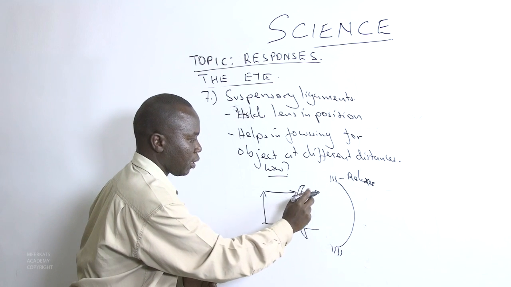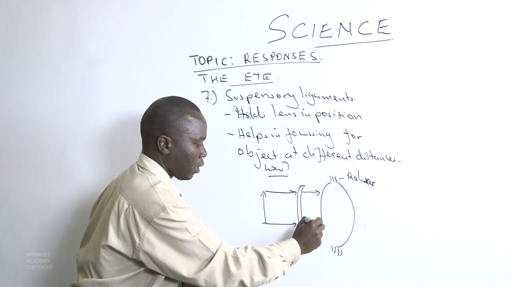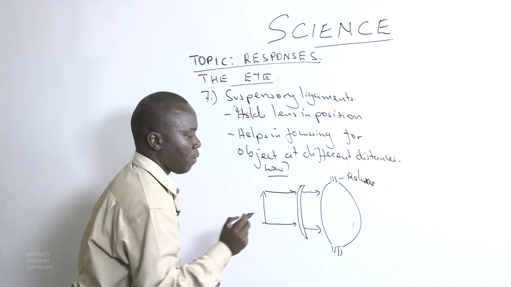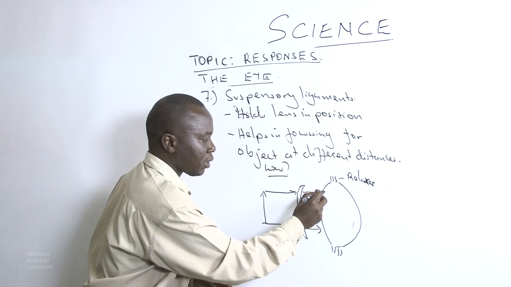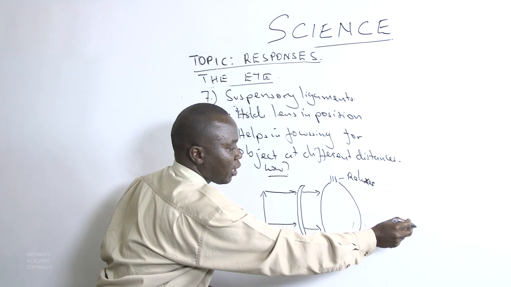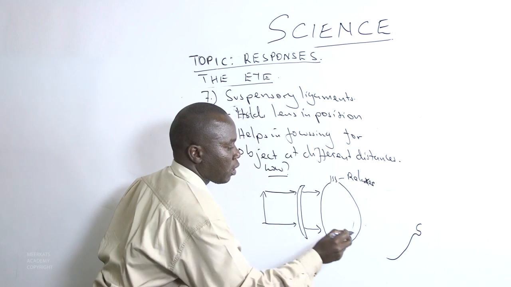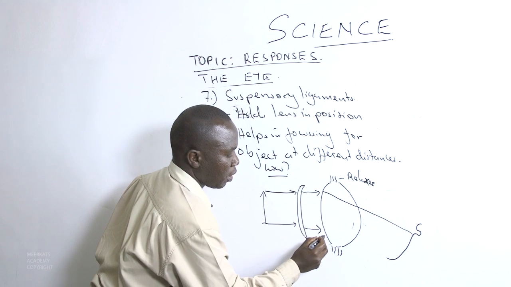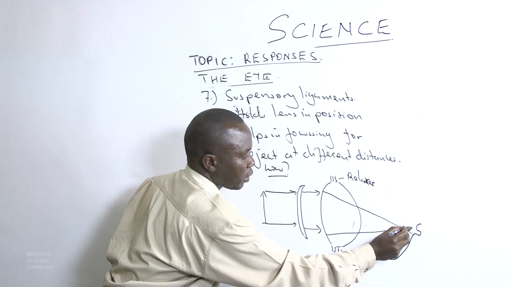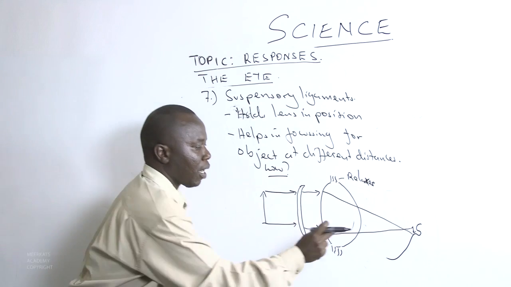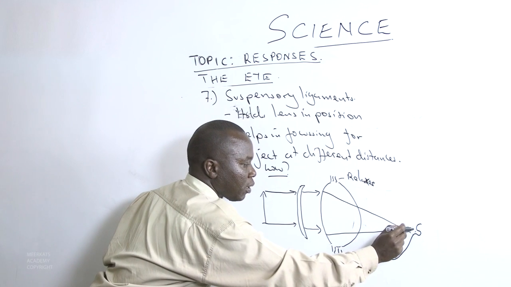It has increased at that point. When the curvature increases, more refraction happens. If that's the fovea centralis, more refraction is going to happen, and in the process there's great bending of light, and our image will be formed at that point.